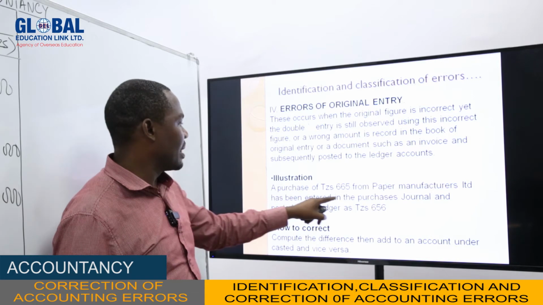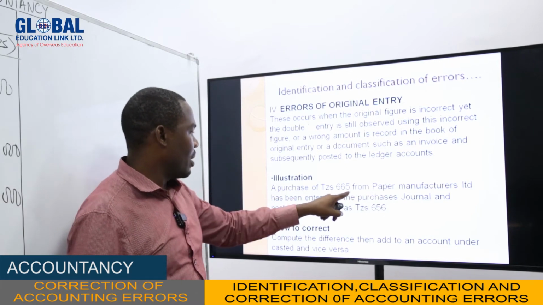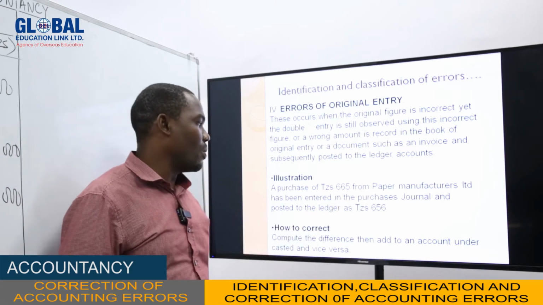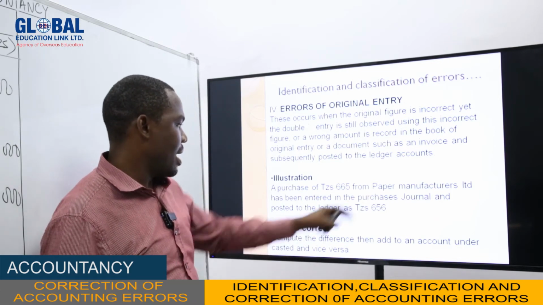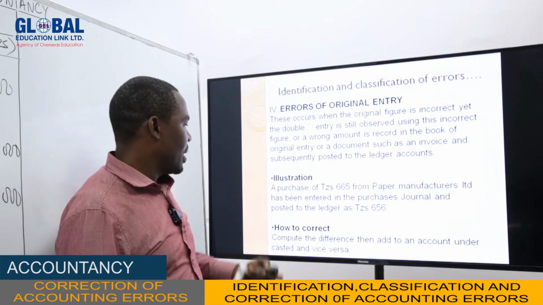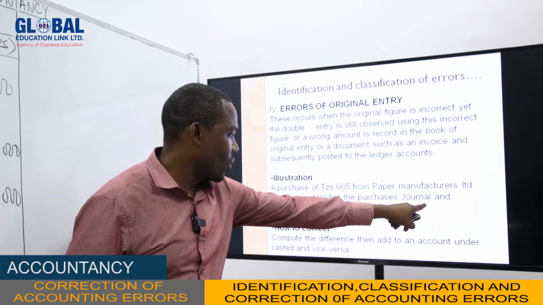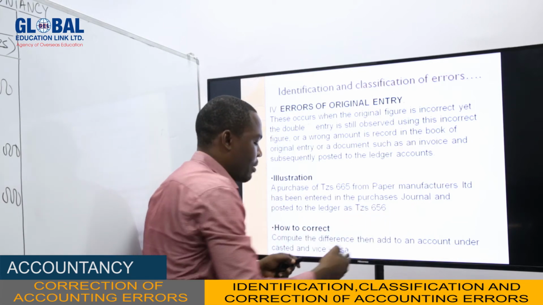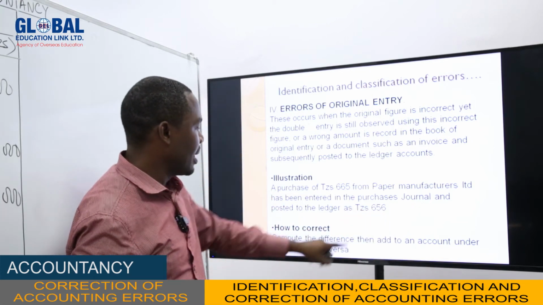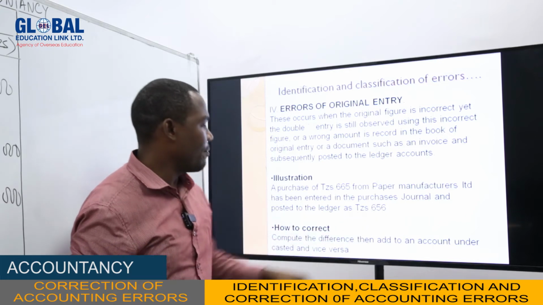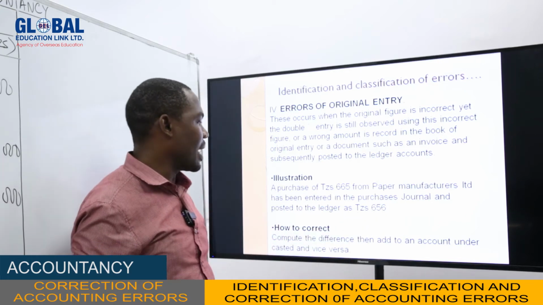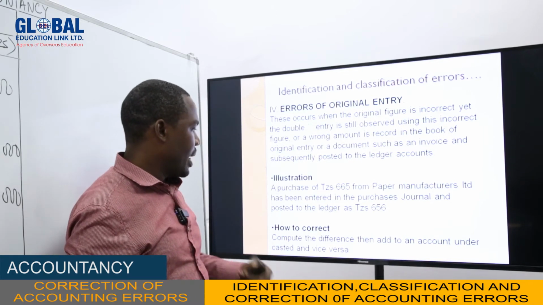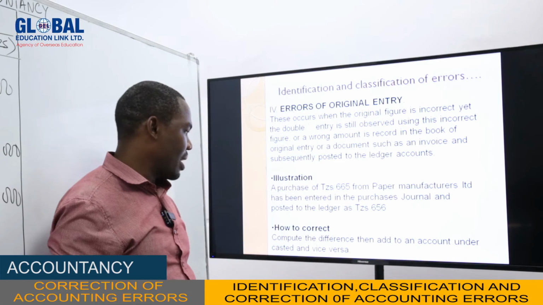So it was a purchase from paper manufacturers. So if it is a purchase, it was supposed to be debited in purchases account and credited to paper manufacturers, our creditor. So it was recorded in the purchases journal. Our error is here in the purchases journal. If you record in the purchases journal, that means you recorded this figure both in the purchases account as well as in the paper manufacturers. So the entry was understated in both accounts.